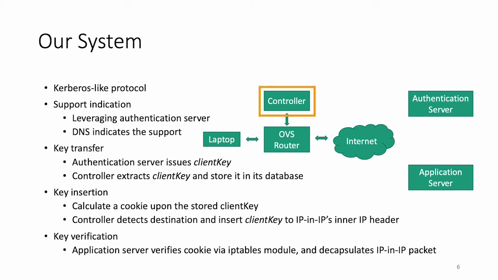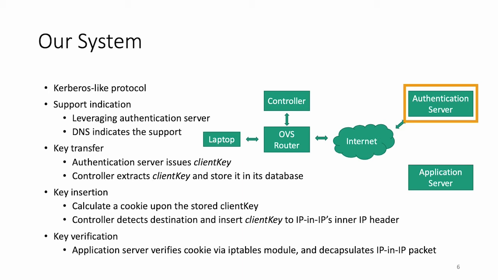So when the user sends out an authentication request, the first packet is going to be elevated to the SDN controller. The SDN controller is able to encapsulate the packet into an IP-in-IP packet, and then it sends out the packet. When the authentication server receives it, it learns that the client supports our protocol.